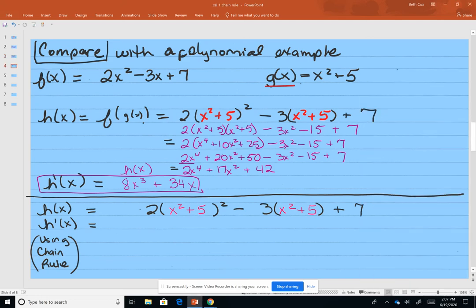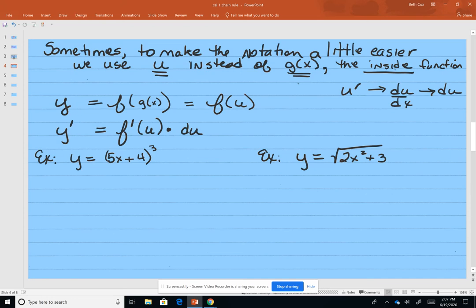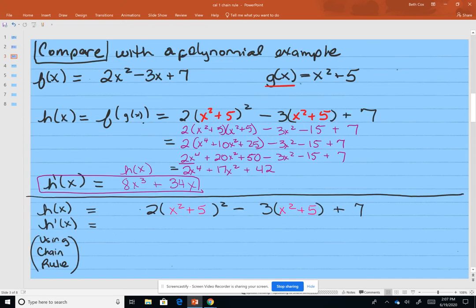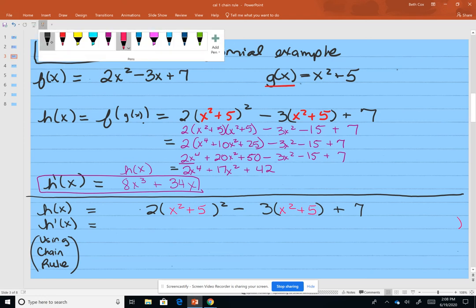Yeah, there it is. So really, it's the derivative of the f function times the derivative of the g function. Okay, it's kind of confusing. Let's watch it.